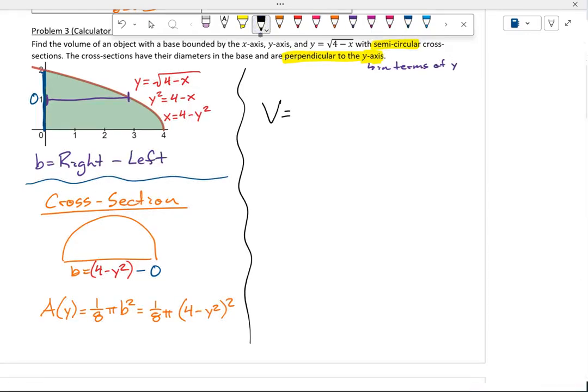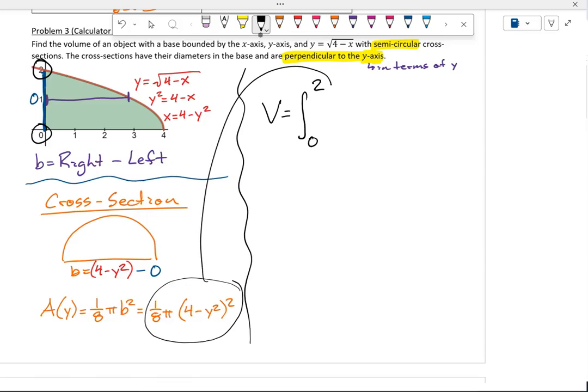Our volume would be the integral from where to where? 0 to 2. Remember, we pick it from the y-axis if we're in terms of y. And our area equation is going to be inputted in. So we have 1/8 pi times (4 minus y squared) squared dy.